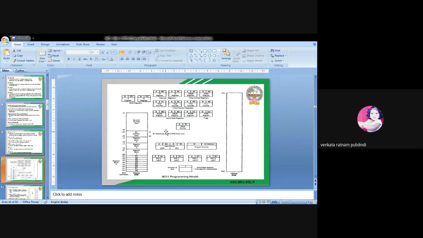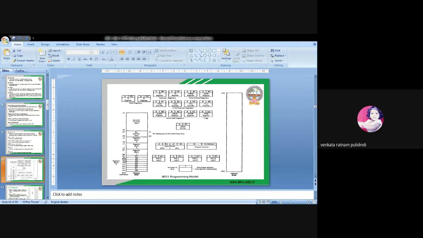Then we have the stack pointer, and this is the internal RAM. The internal RAM is 128 bytes, so here it indicates the address locations of each byte.